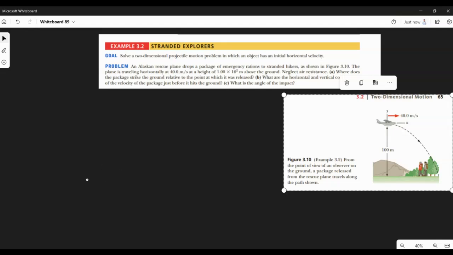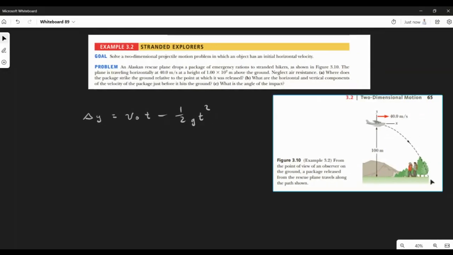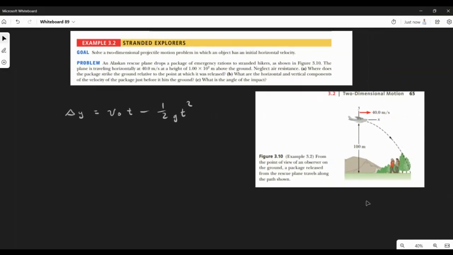So we'll start off with our delta Y equals V0 t minus half. Obviously, I like to use half for whatever reason I've explained. Now, I want to know the X distance at that particular point. If I use this as my reference point, and this is back to what we were talking about last time, this is 0.